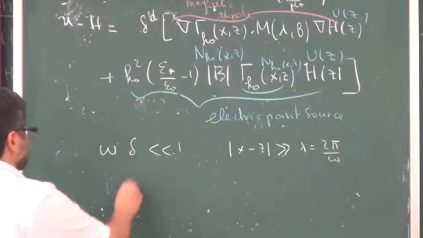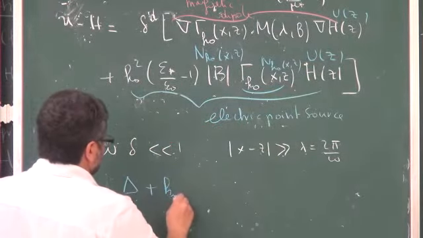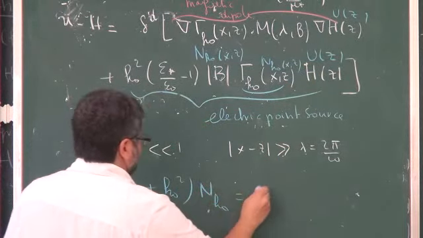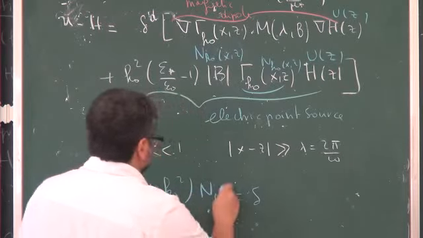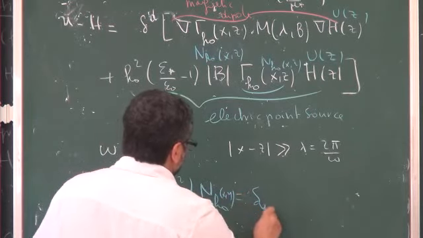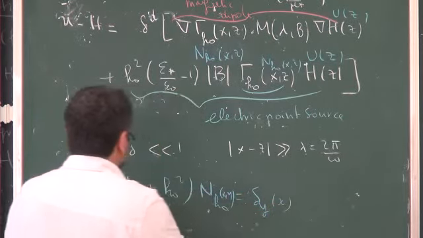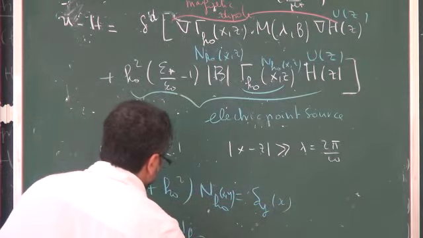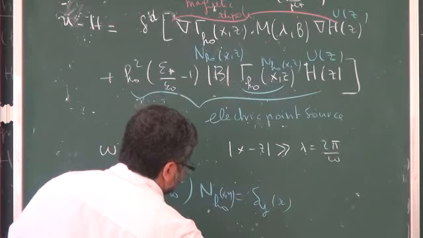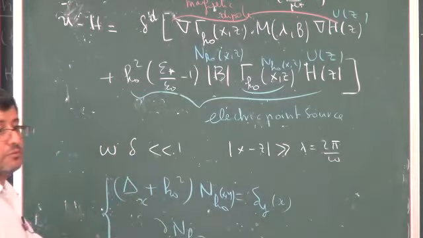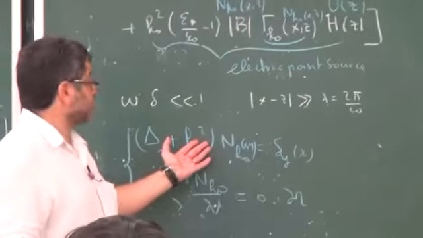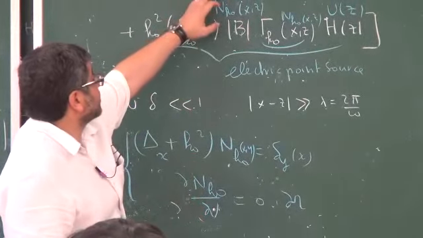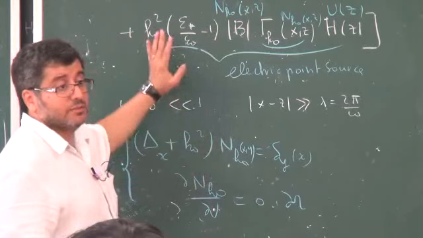N is the solution of Laplacian plus k0 square of N equal to a Dirac mass, and its normal derivative is equal to 0. We don't have compatibility conditions because k0 is non-zero. So we replace just the fundamental solution by N k0, and we are done.